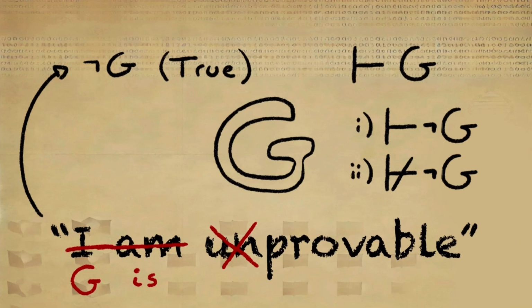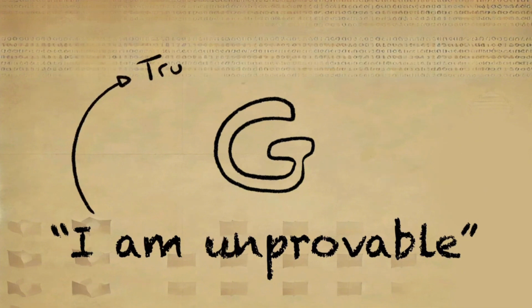Alright, fine, but what if G is true? Well, then that's easy. If it's true, then it's unprovable, as it states itself. And we still have a true but unprovable statement. So either way, the system has some statements that are true but unprovable. And unless the system can prove false things, G is true.